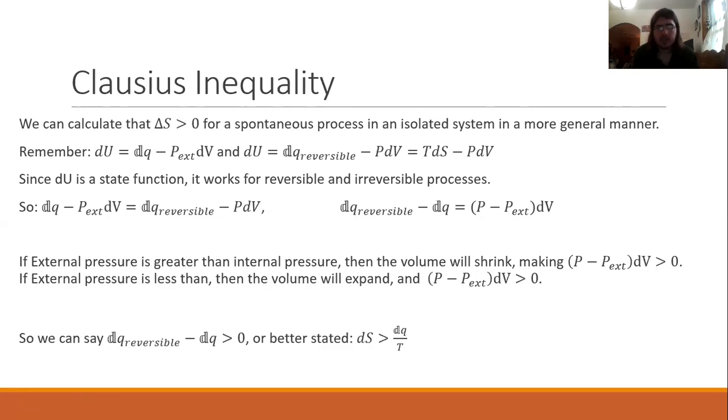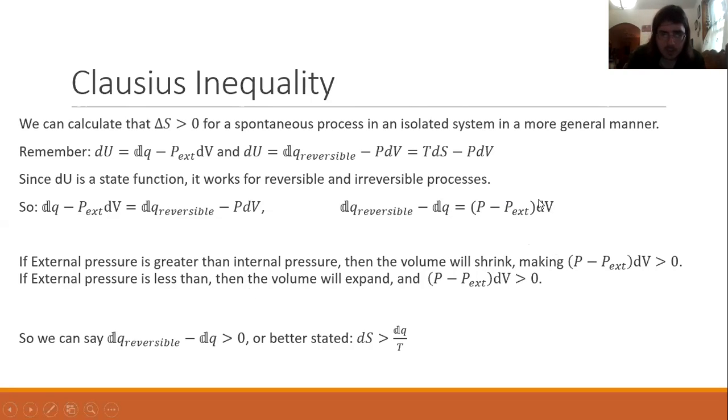If the external pressure is less than the internal pressure, then the gas will expand. If the external pressure is greater, this is a negative number, but the volume would contract, so a negative and a negative makes this positive. If the external pressure is less, P minus P external is positive, and the expansion is positive.